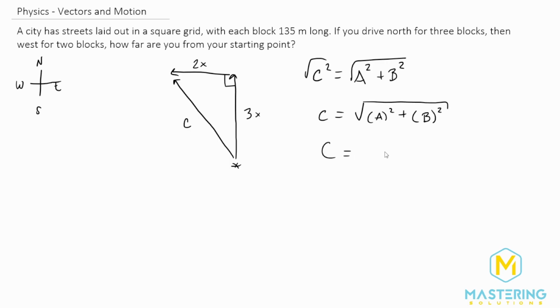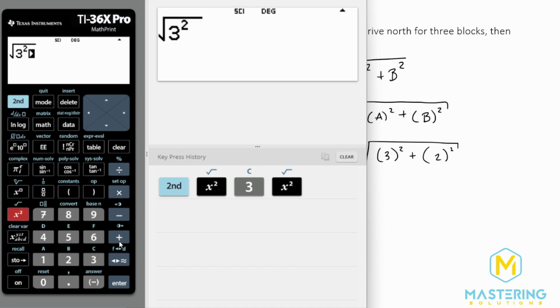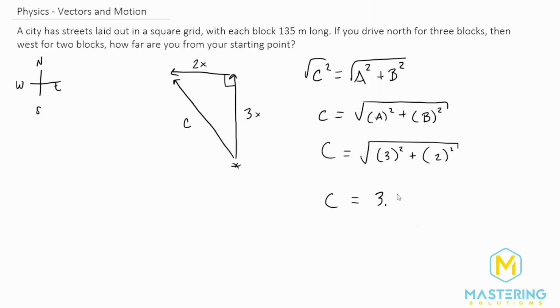Now, when we plug that in, we have the square root of 3 squared plus 2 squared. And that gives us the square root of 13, so 3.6. So C is 3.6 city blocks.